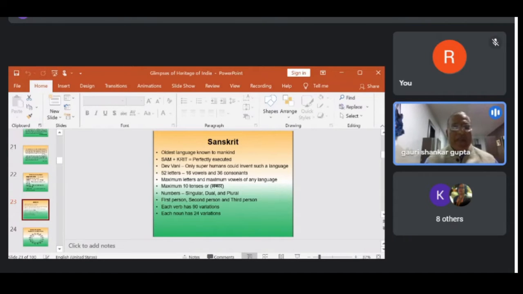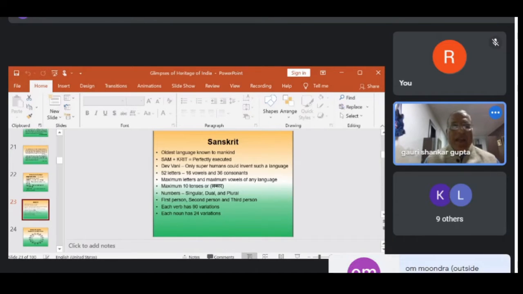We will go into the structure of the language, but fundamentally it contains 52 letters, 16 vowels and 36 consonants. Now this is the maximum number of letters and maximum number of consonants, vowels any language has in the world.